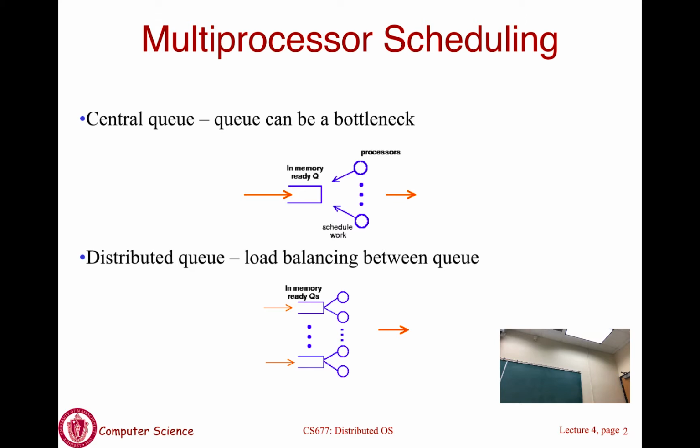And at the other end of the spectrum, multiprocessor scheduling uses a distributed queue, where you have more than one queue in the system. In the limit, you're going to have one queue per processor. Here you actually show one queue for two processors, but you can think of the step where you have one per processor. It doesn't matter. There's more than one queue, and more than one processor.